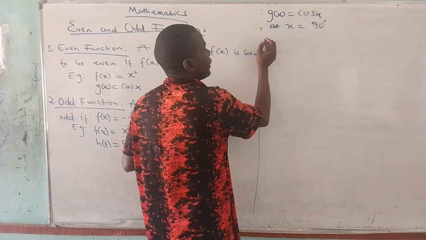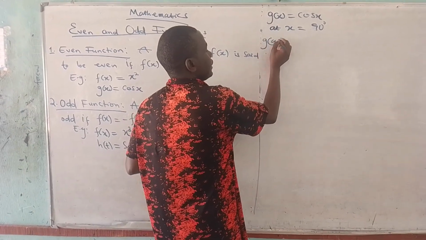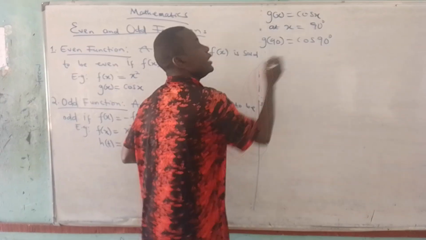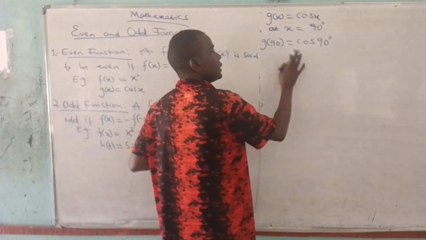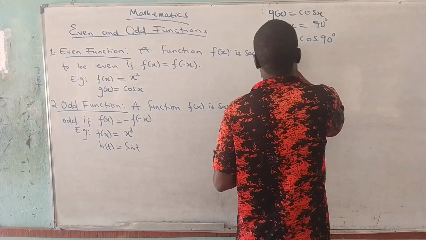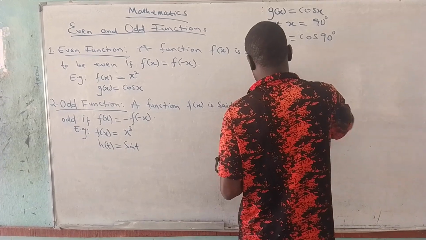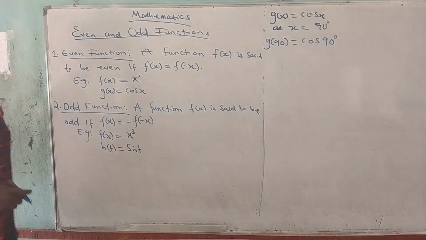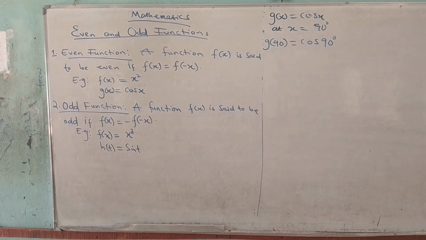So let's find g of 90, which is equal to cos 90 degrees. What is cos 90 degrees?